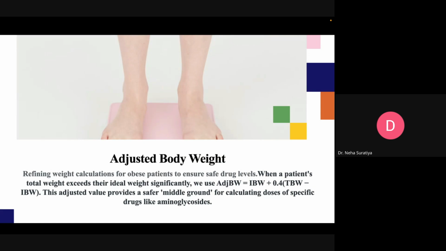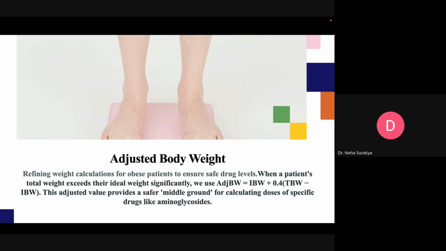So how can we do it? We have another concept, ideal body weight as well as adjusted body weight. Now this is where adjusted body weight comes in, and that is a compromise weight. Adjusted body weight has a formula, you can see here on the right side. It is equal to ideal body weight plus 0.4, which is a constant, times the bracket total body weight minus ideal body weight.